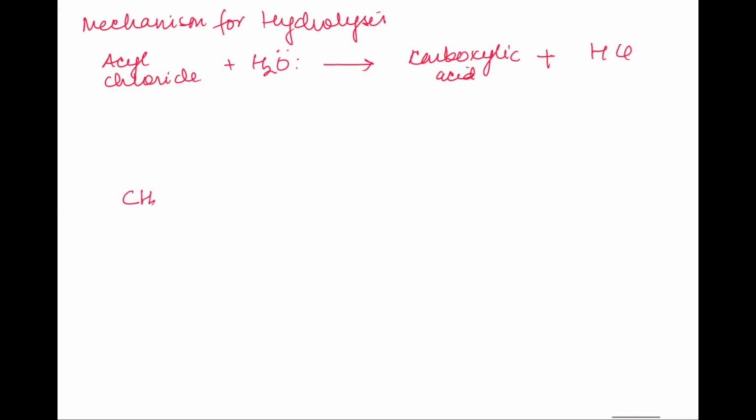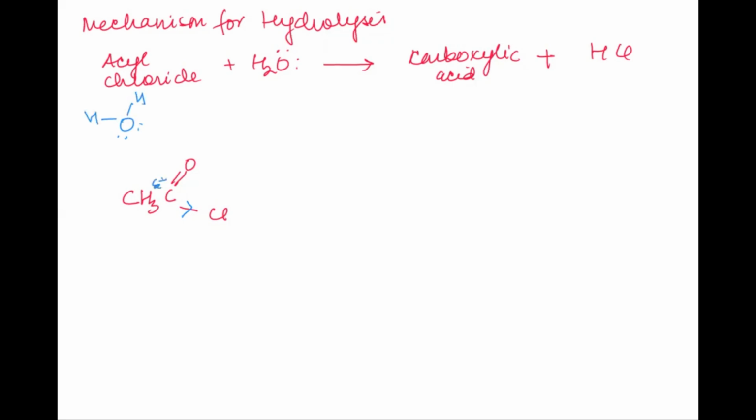First of all, I have ethanoyl chloride with the carbon double bond oxygen and the Cl there. Basically, this being too electronegative, the electron is being pulled here. And when I have water with the two lone pairs of oxygen, this is my water, so it will get joined.